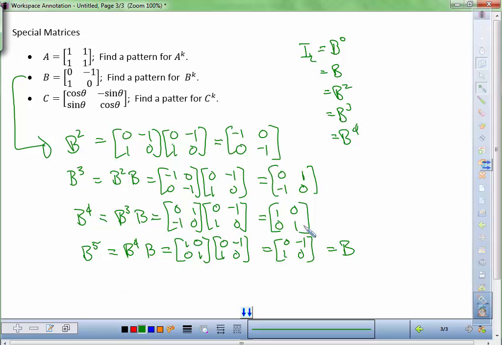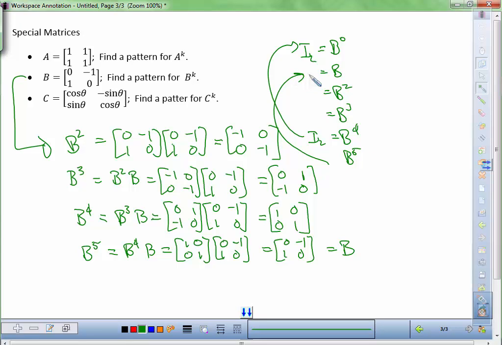What's B to the fourth? This is the identity matrix again. And then it cycles back. So there are 4 things. It takes 4 powers to get back to the original B.